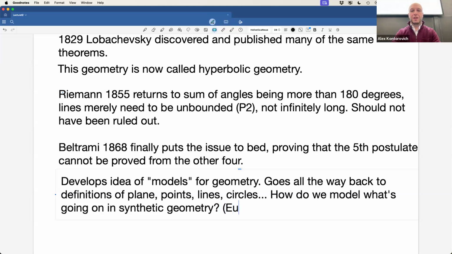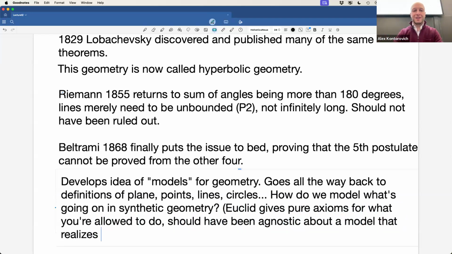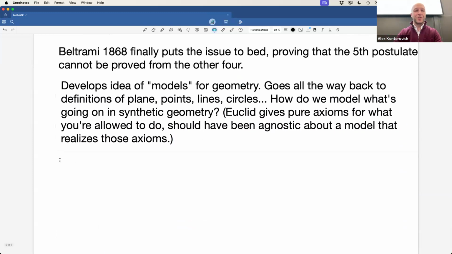Euclid gives you axioms for what you're allowed to do. And he should have been agnostic about a model that realizes those axioms. So we're going to have to return to this question. We don't have time today to do it justice, but let me just give you one example.